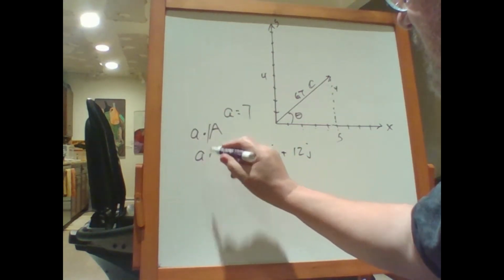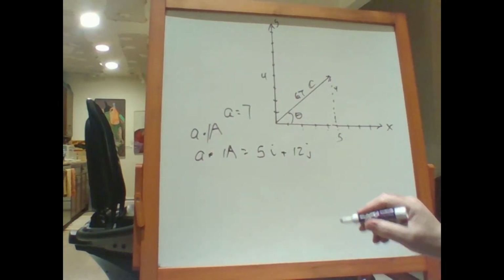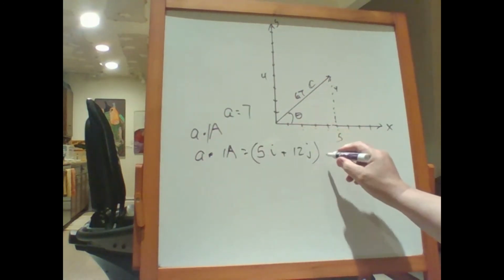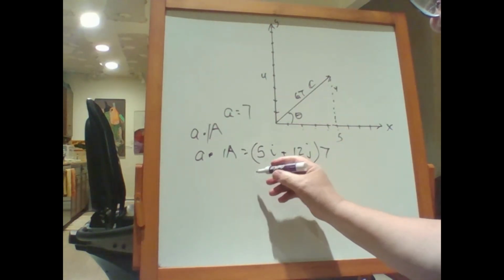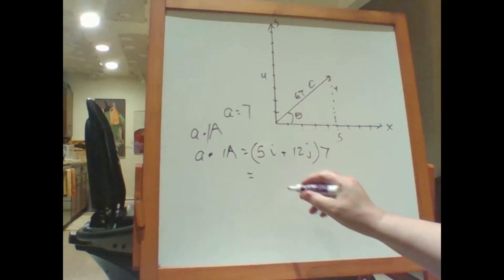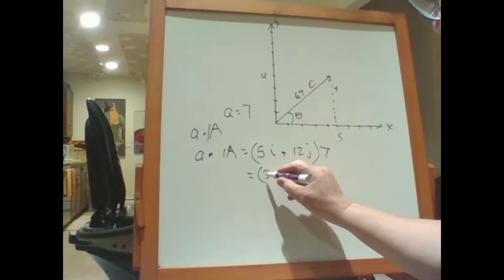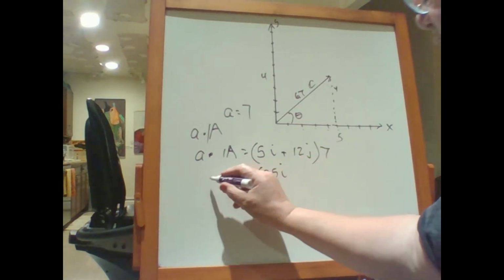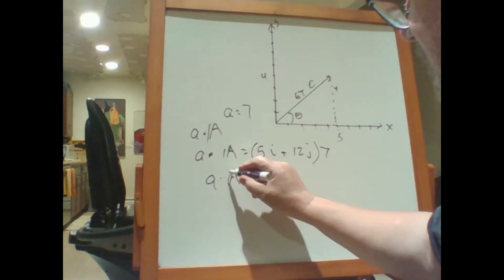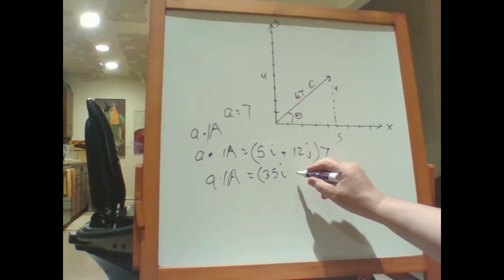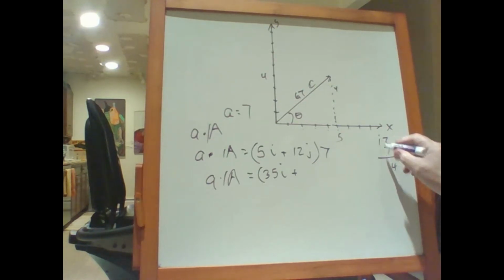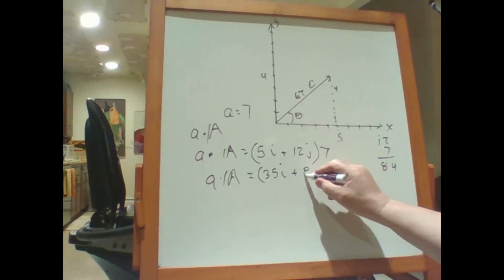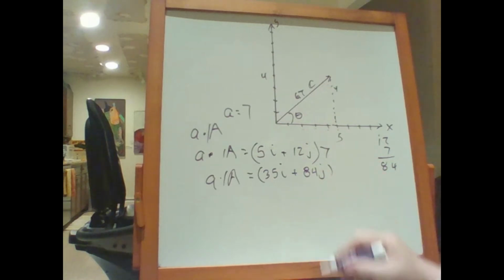With scalar multiplication, you multiply all the way through by 7. So we got 35i, plus 12 times 7 is 84, 84j.